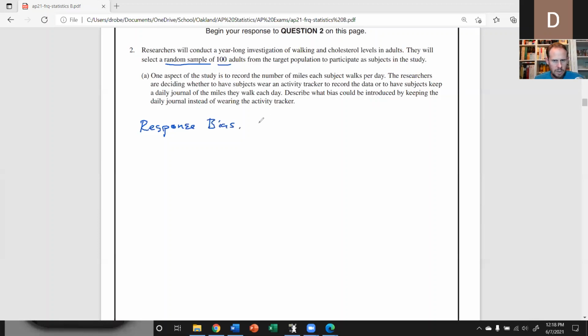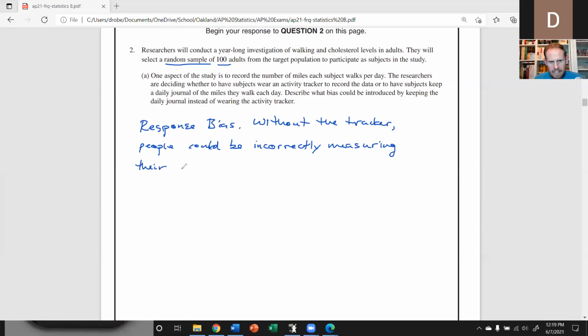So without the tracker, people could be incorrectly measuring their miles walked per day.